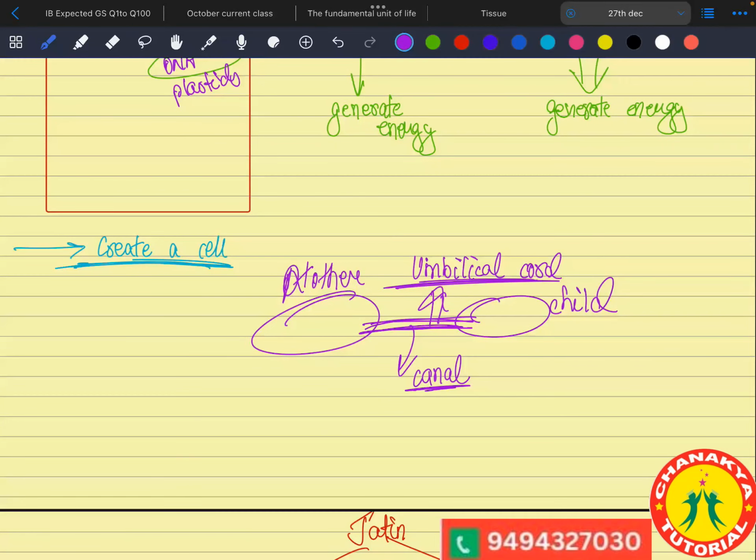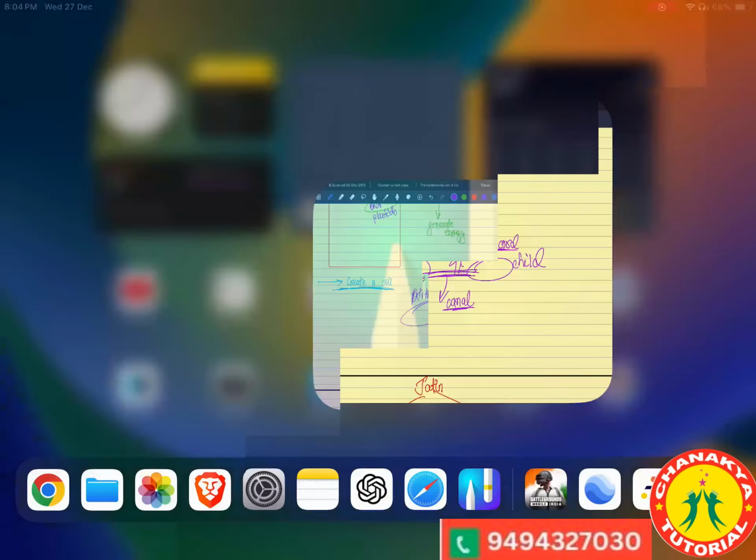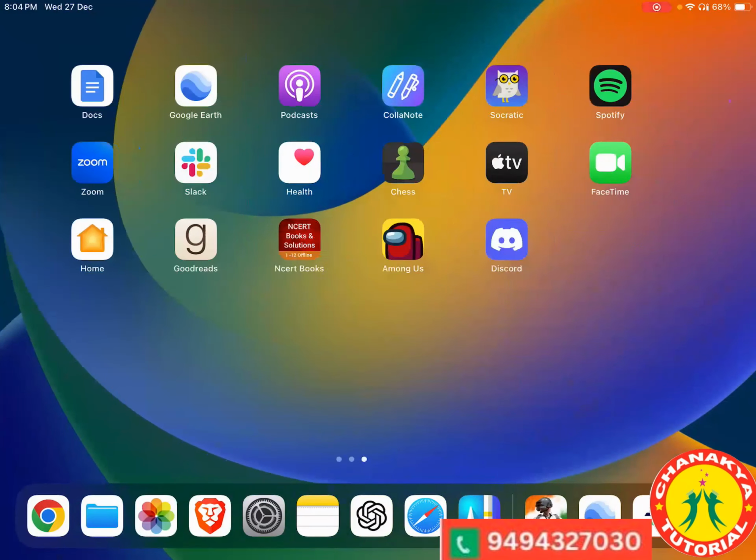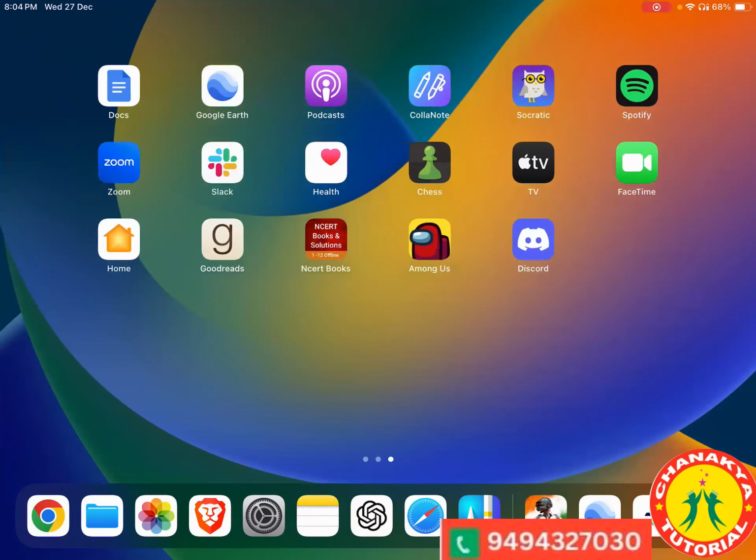The latest copy can be bought from any stationery shop around you. All of the stationery shops contain the NCERT book if you want to buy the hard copy. But if you want a soft copy, you can install these applications. One is where you can see the NCERT books and solutions.